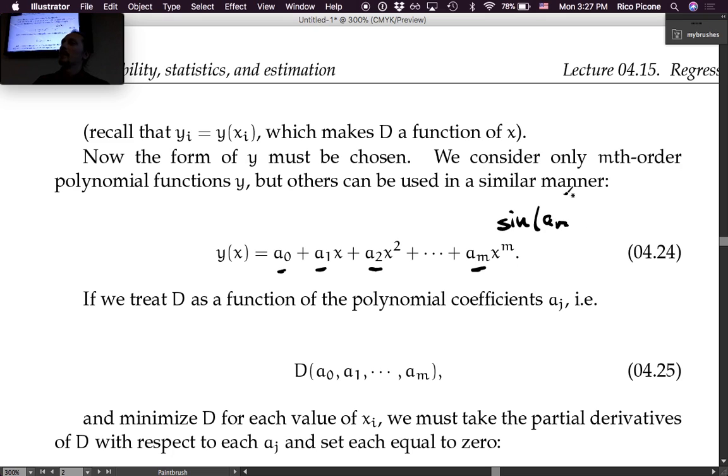That would be nonlinear. But these enter linearly, so they're fine. And you can do this with other functions. We'll look at polynomials because it's the most common case, but you can do it with any other function too, as long as your coefficients enter linearly. You can do it with the nonlinear case as well, but it's just a lot harder.